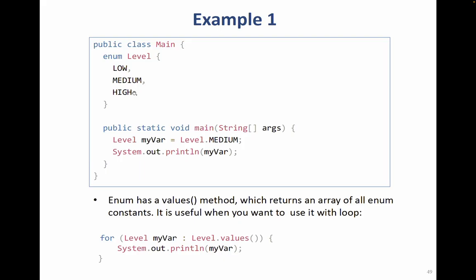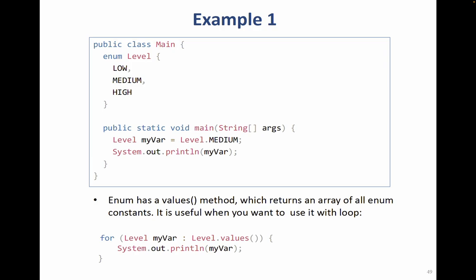I'm saying that I need three levels that can be low, medium, high. I could also do it with static final string low, and another static final string medium. So I could also just define three variables for that. But instead, I'm defining a data type.